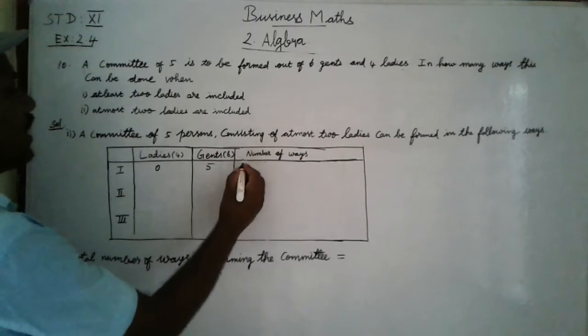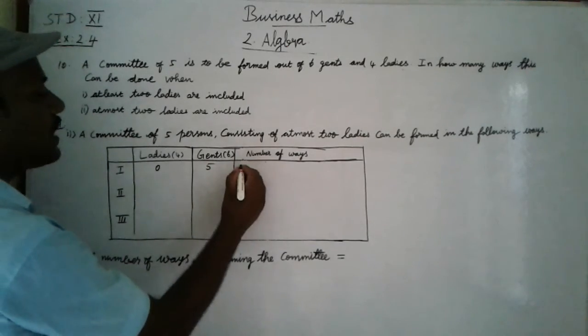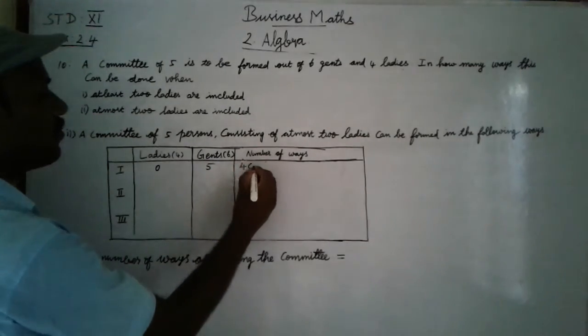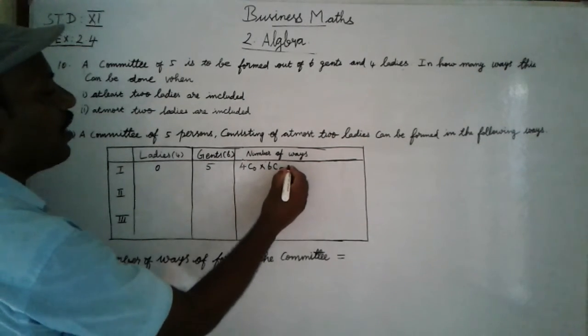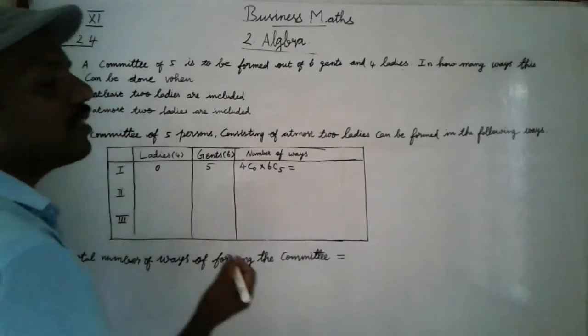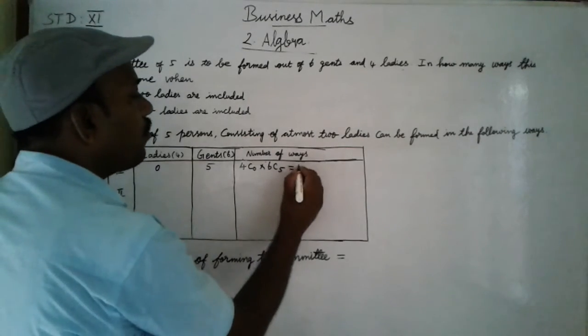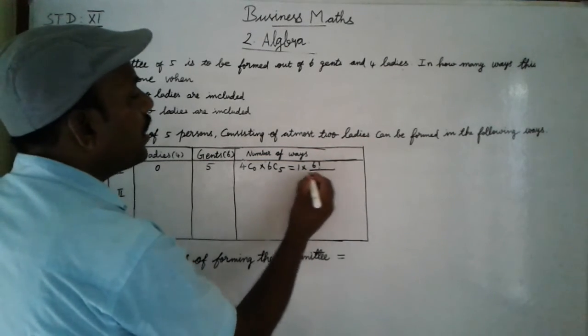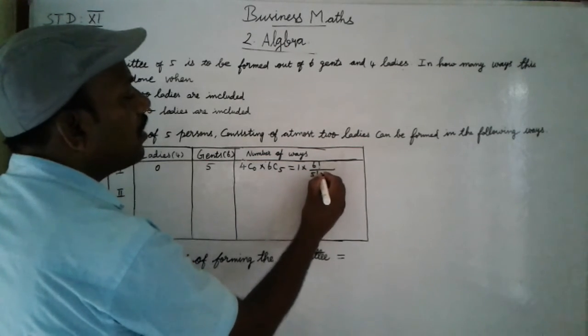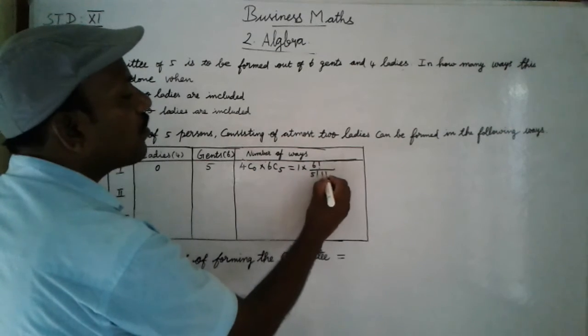So we should write what is 4C0 into 6C5 equal to 4C0. We know that value is 1. 1 into 6C5 is 6 factorial divided by 5 factorial, 6 minus 5 is 1 factorial.